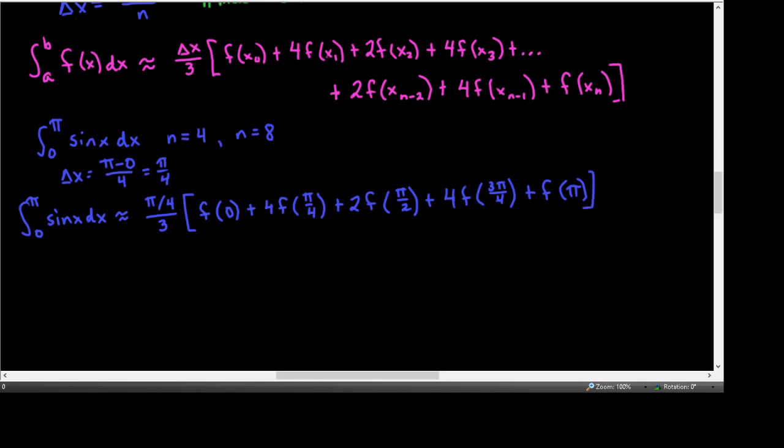Okay, so that's equal to pi over 12 times sine of 0, which is 0, plus 4 times sine of pi over 4, which is square root of 2 over 2.